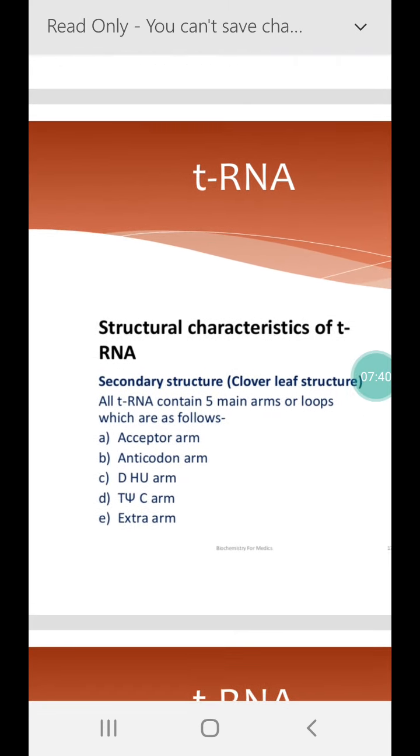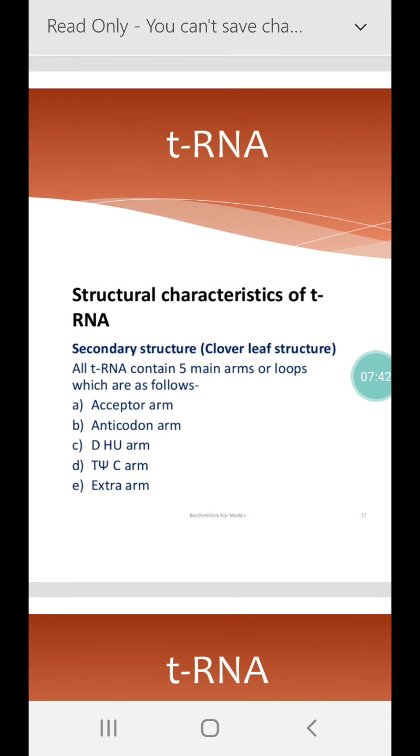Now this tRNA has a special structure which is called the secondary structure, which is in the form of a clover leaf like structure, and it has 5 main parts or loops. They are called the acceptor arm, anticodon arm, DHU arm, T-psi-C arm, and extra arm.